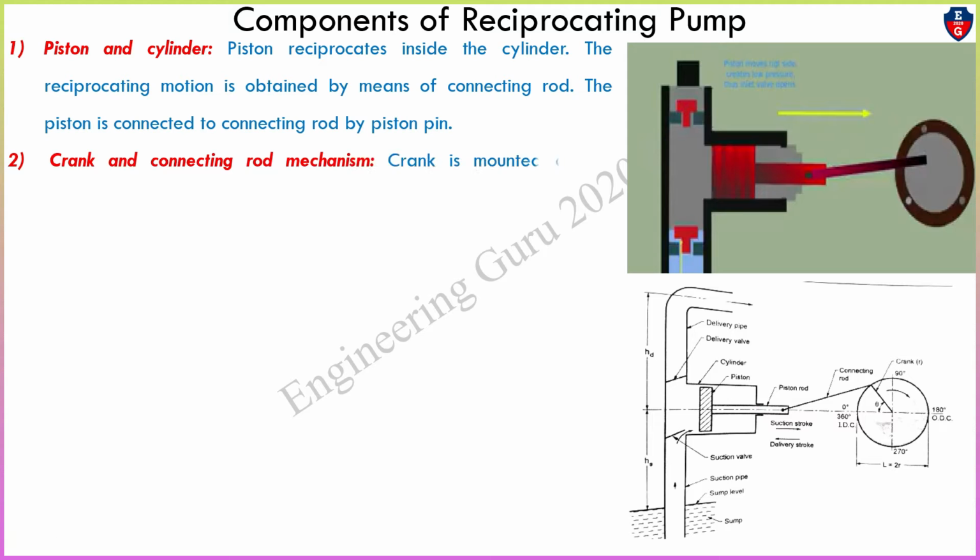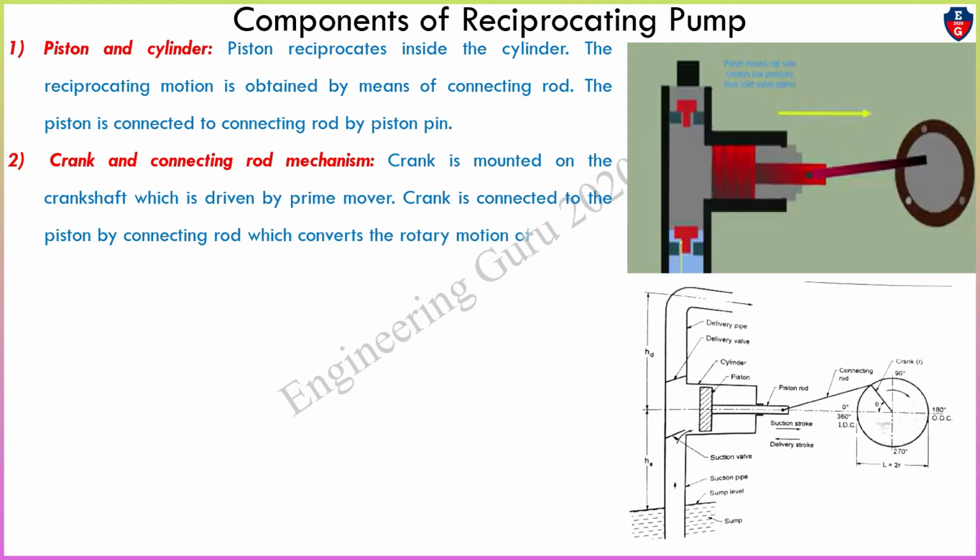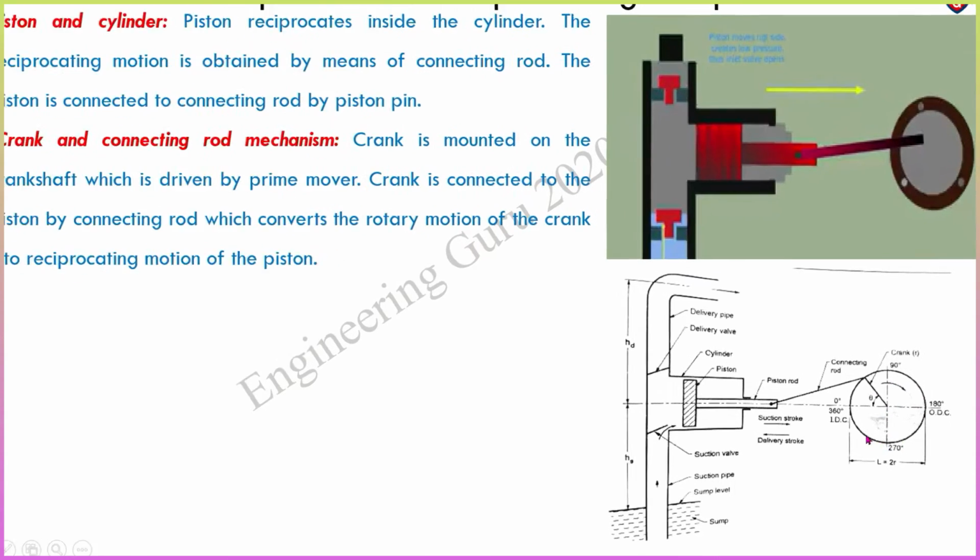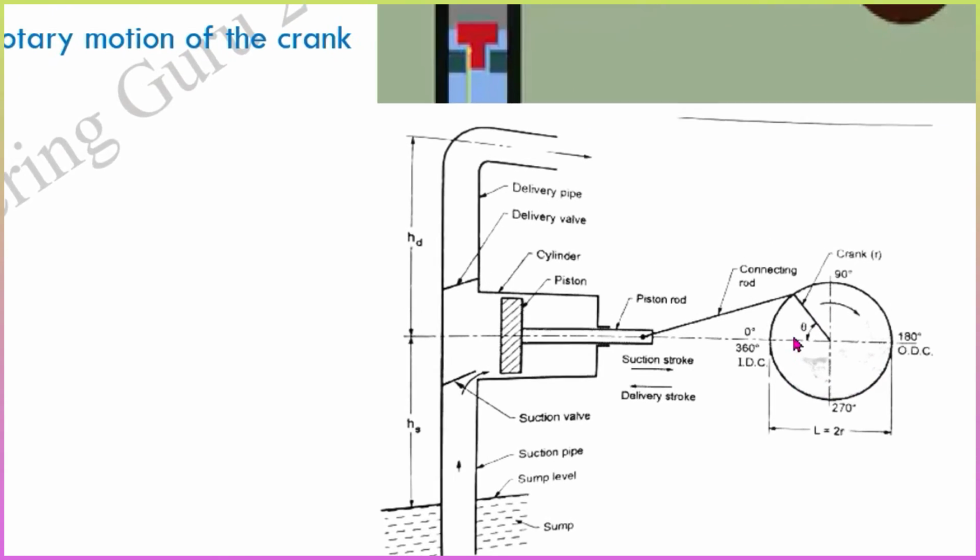Crank and connecting rod mechanism. Crank is mounted on the crankshaft, which is driven by prime mover. Crank is connected to the piston by connecting rod, which converts rotary motion of the crank into reciprocating motion of the piston. So here this is the crank, and that crank is connected with the prime mover. Whenever it starts, the crank rotates in clockwise direction like this, from 0 to 360.